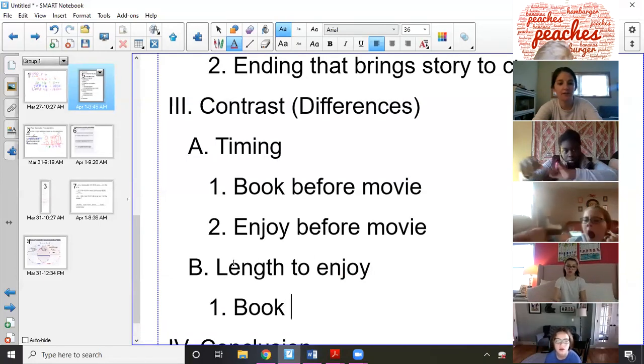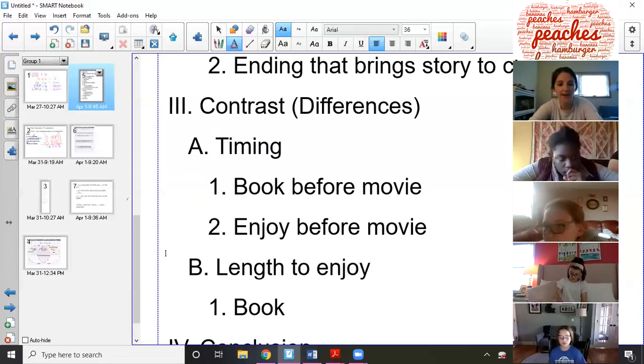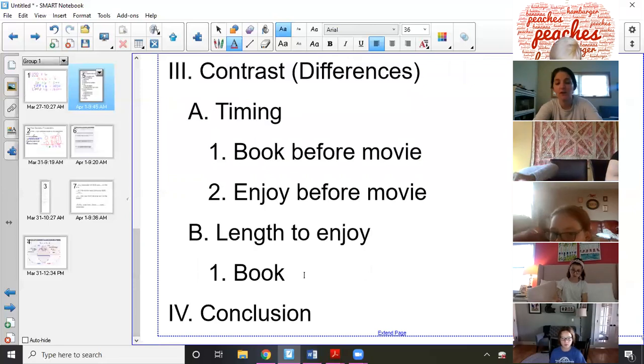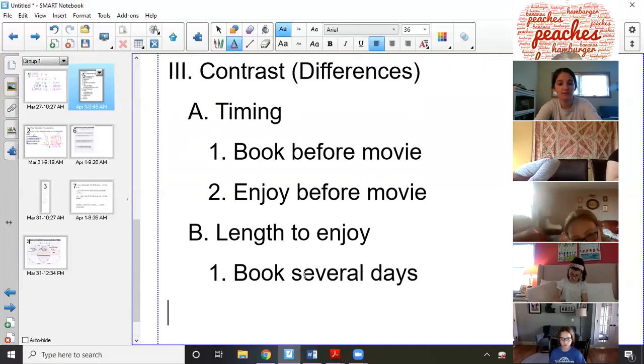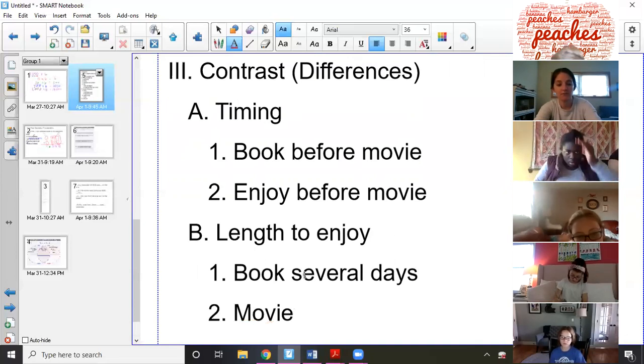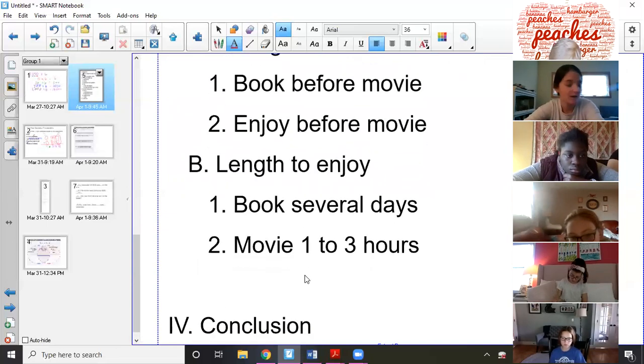Okay, so for the book, I'm spending more time, like adding more information. You totally can or can't, up to you, whatever you prefer. So book, several days to read, and then movie, 1 to 3 hours. Anything else? Thanks, Jean.